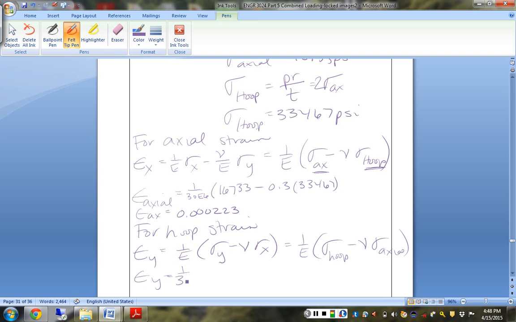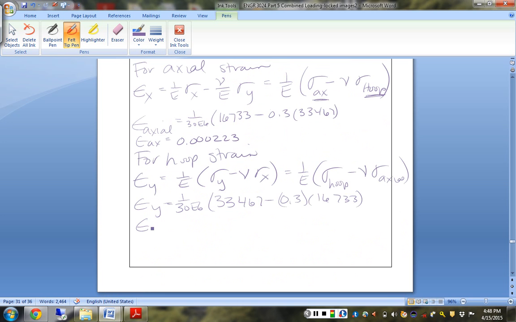In any case, 30 million times the bigger number minus Poisson's ratio times the smaller number gives 0.000948.